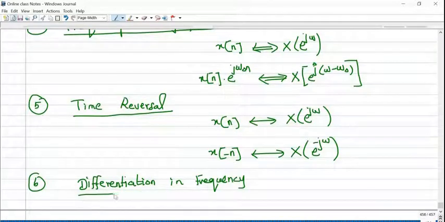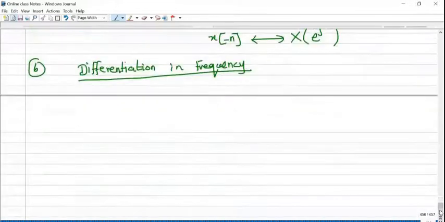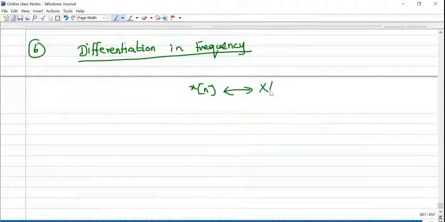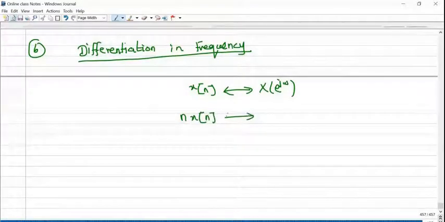So the differentiation property says x of n has DTFT result X of e power j omega. n times x of n: the DTFT result is j d by d omega of X of e power j omega.